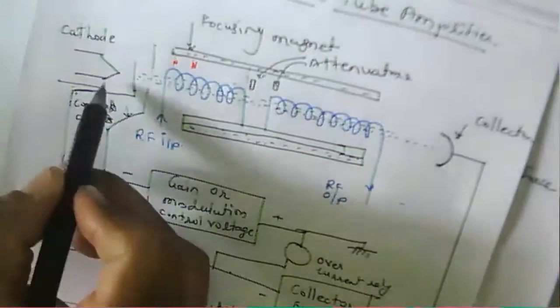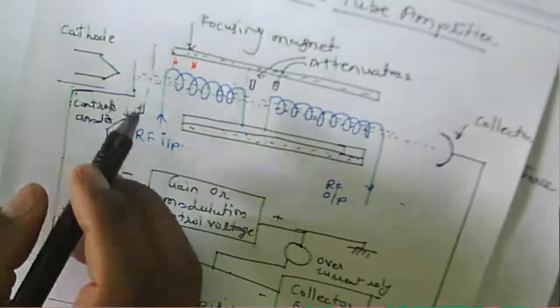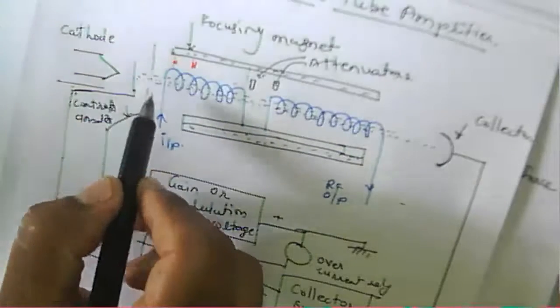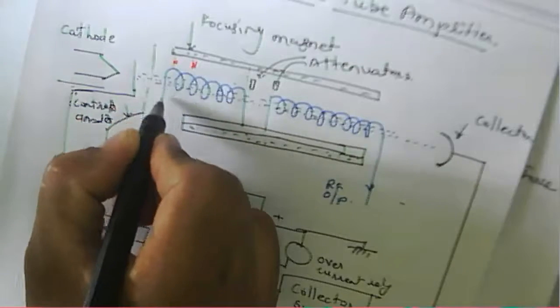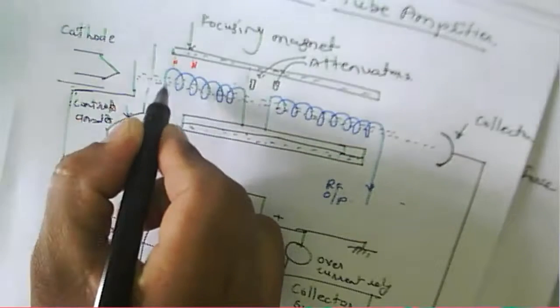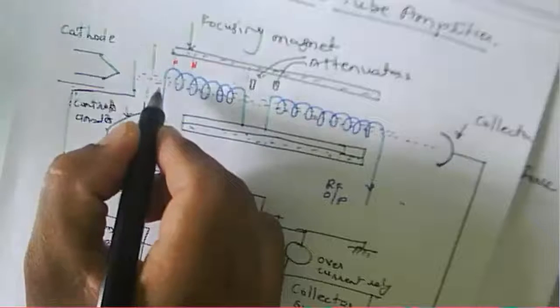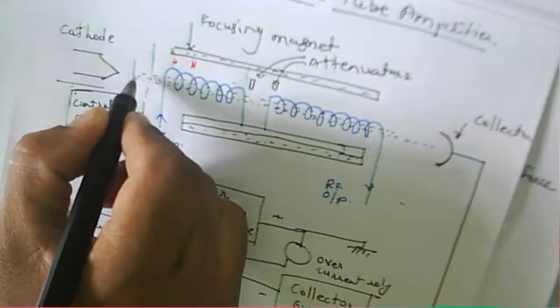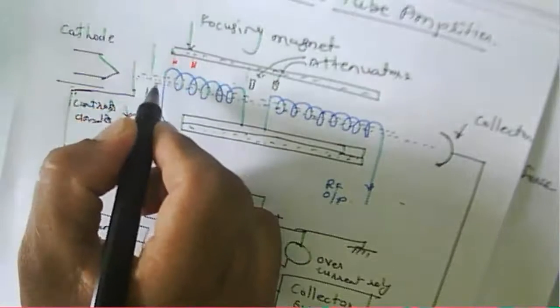That DC velocity of the electron is slightly greater than the axial wave velocity, because the wave is propagating through this axis, so the velocity of the electron has to be higher than that of the axial wave.